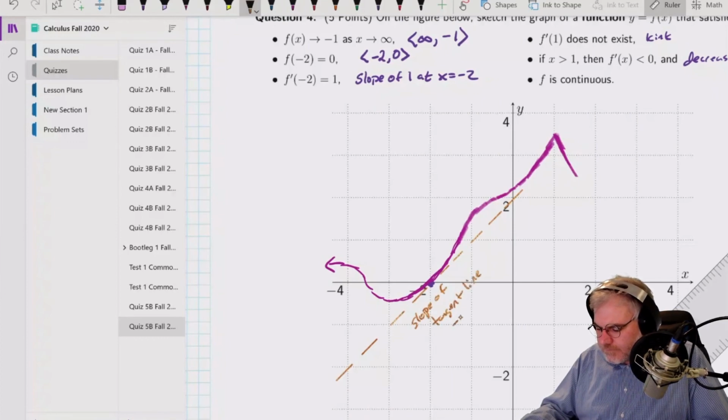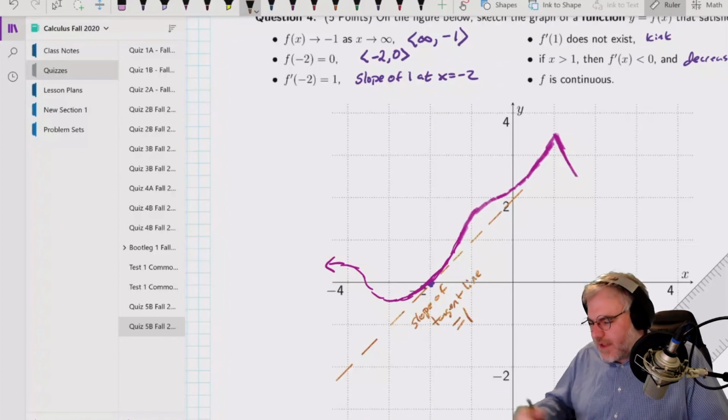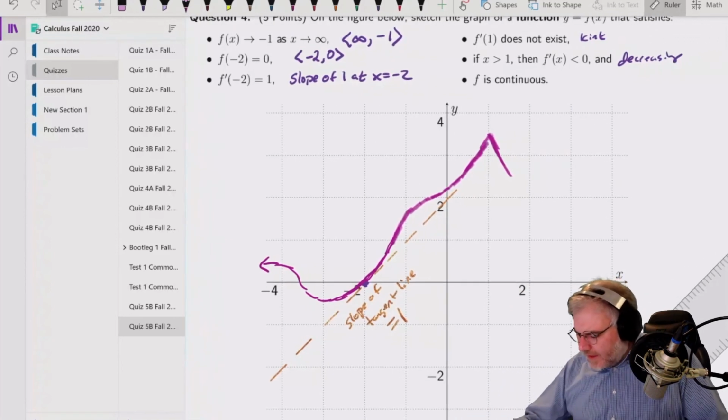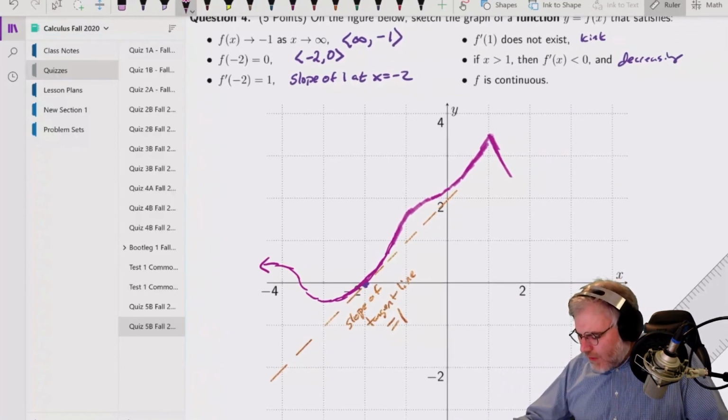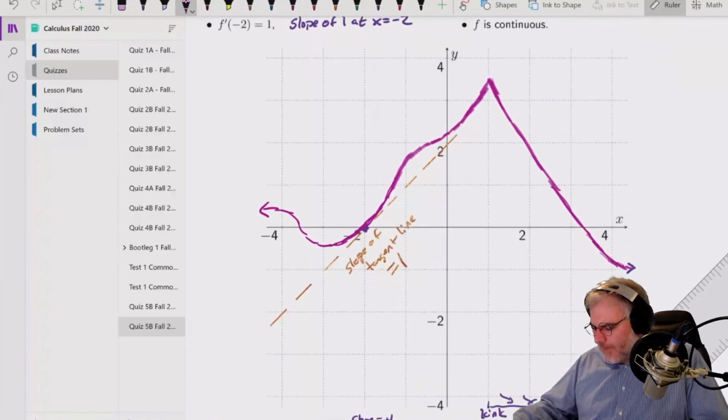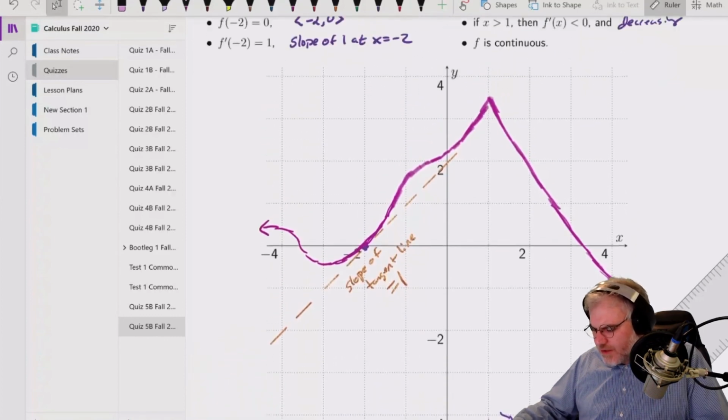I just felt like going a little nuts. And now I need it to come down here, and I need it to kind of always be decreasing. I can't just have a flat line go off to infinity. So from here on out, I just got to head down. That was just kind of stage 2.